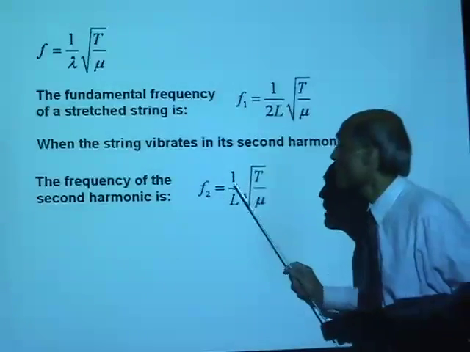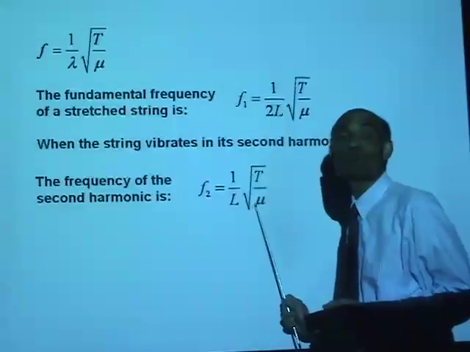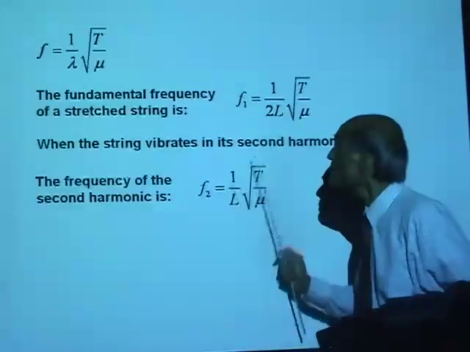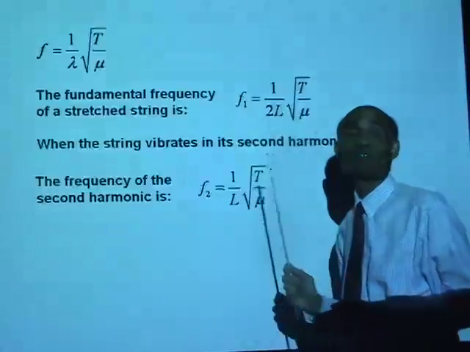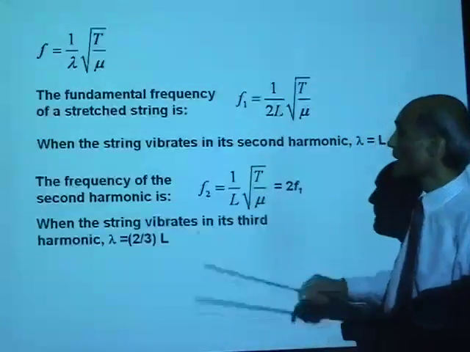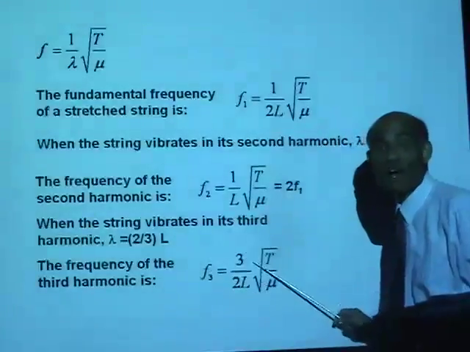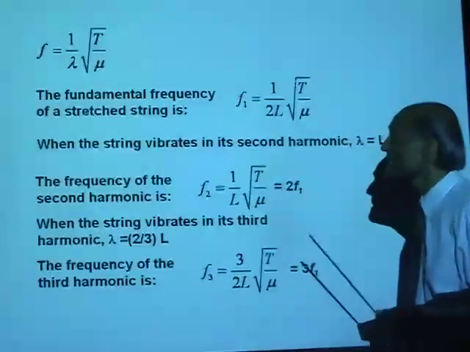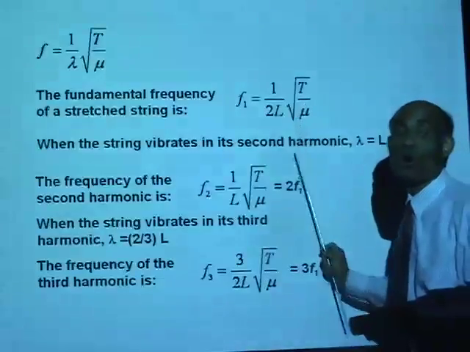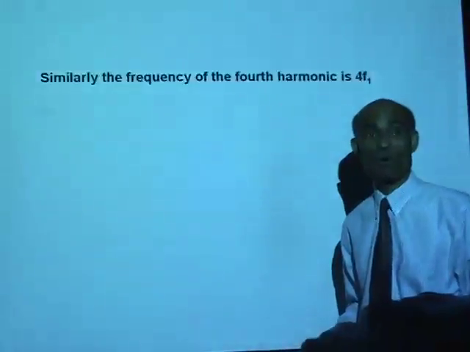F2 equal to 1 over L times square root T over mu. And this is equal to actually twice the fundamental. You know that. Similarly, the frequency of the third harmonic will be 3 times the fundamental. Well, all this information we already know. All right.